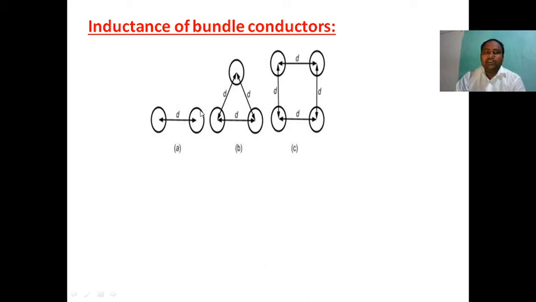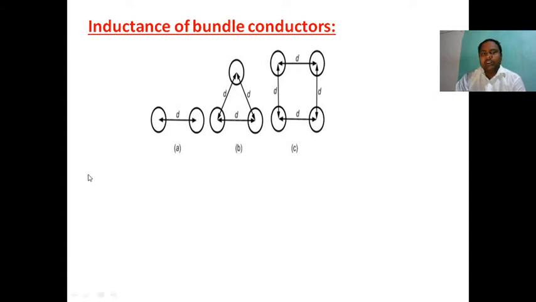One by one we derive the inductance of the bundle conductor. The basic formula is inductance L equal to 2 into 10 power minus 7 log Dm by Ds, mutual GMD by self GMD.